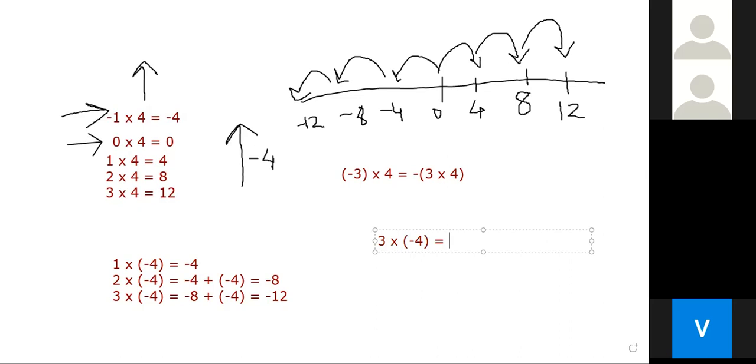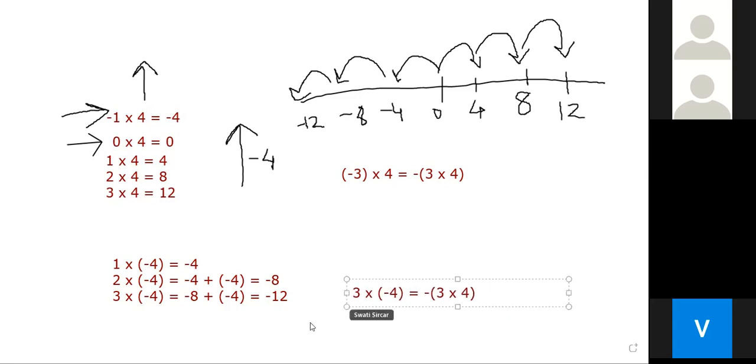So it's again going to be negative of 4 plus 4 plus 4. Okay. So this thing emerges. So you have got both these rules. That negative times positive is negative and positive times negative is negative.